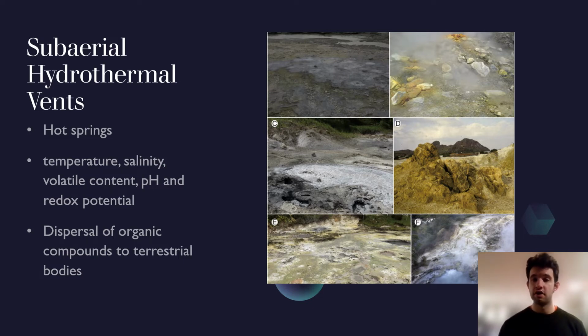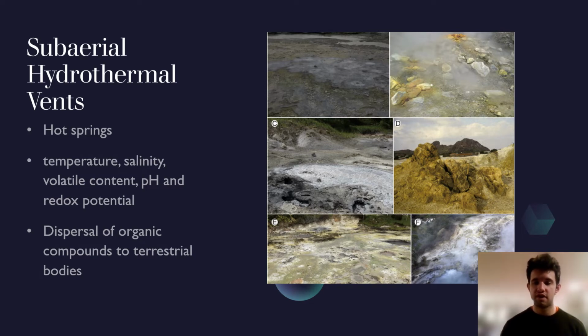They also have volatile content, pH, and redox potential. And again, these are all chemical components necessary for organic compound synthesis. So what's interesting to note about these systems is that although submarine hydrothermal vents are attributed to be the most likely suspect for the emergence of life, subaerial hydrothermal vent systems have a direct pathway for organic compounds to be dispersed along terrestrial bodies.